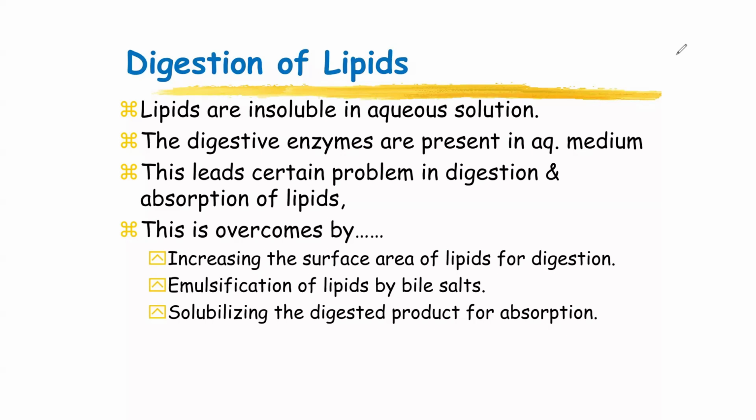So these are the three major ways of overcoming the problems of lipid digestion: first, increasing the surface area of the lipid, second, emulsification of the lipid, and third, solubilizing the digested product.